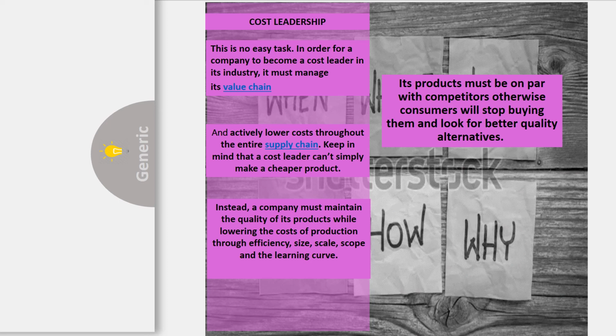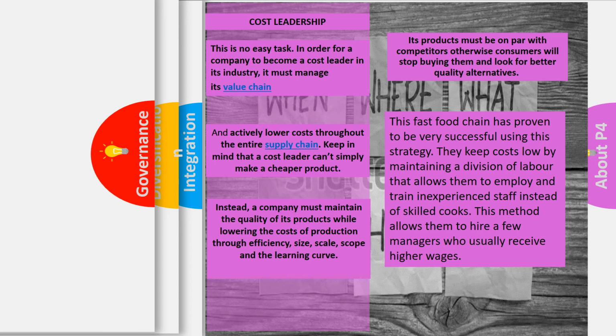So cost leadership will be looking for creative and innovative ways to cut down costs within the business, as well as getting economies of scale and increasing sales, but at the same time being competitive with other companies selling their products, especially as we've seen with Aldi, Lidl and Tesco's.